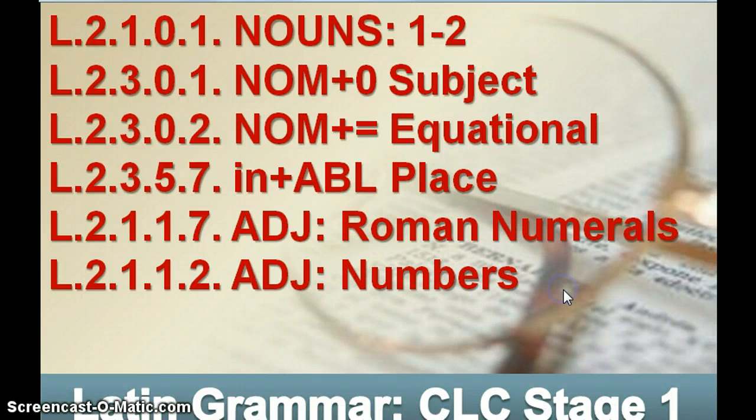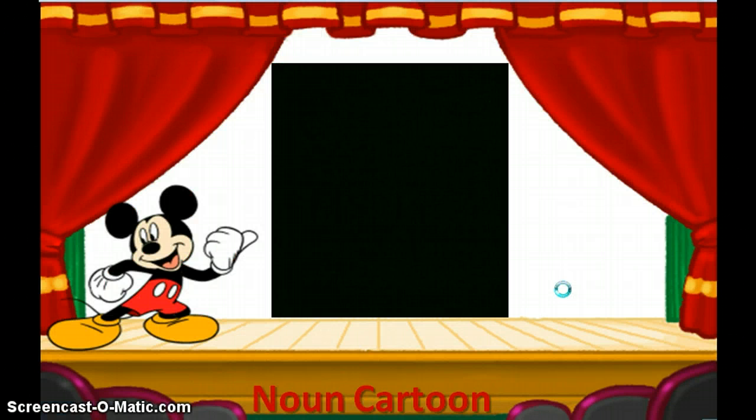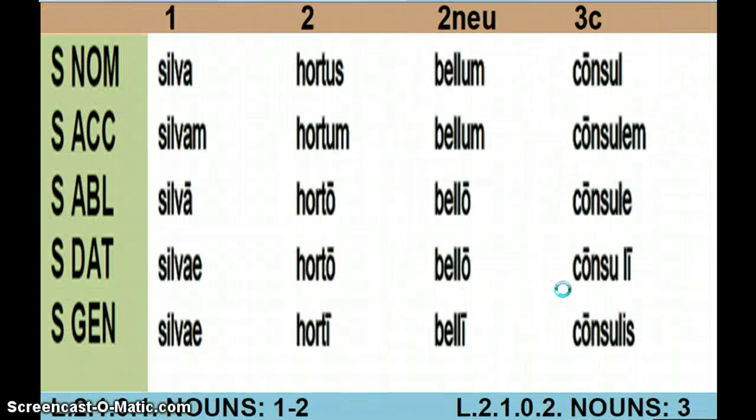So, in looking at the first concept of what nouns are, we're not going to cover what nouns are, since you already know those. But the question is, Reverend Greg, what are these? Well, the answer is these are four nouns. They're used as example nouns.